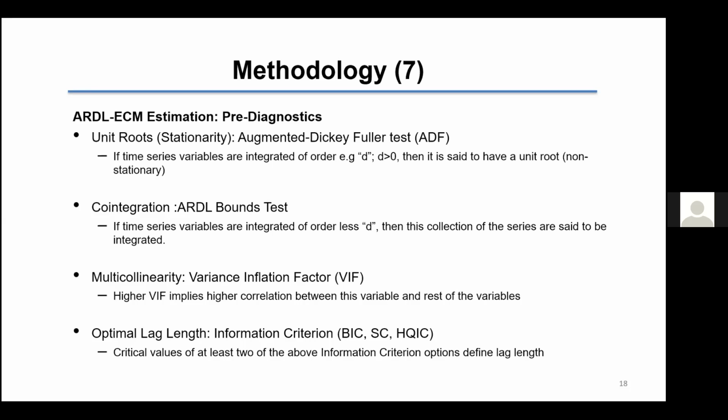You might test and realize that they are stationary in levels, meaning you don't have to transform the raw data. You test them, you find that they are already stationary, so you just go ahead and analyze. In fact, in that case, you don't need to test co-integration.